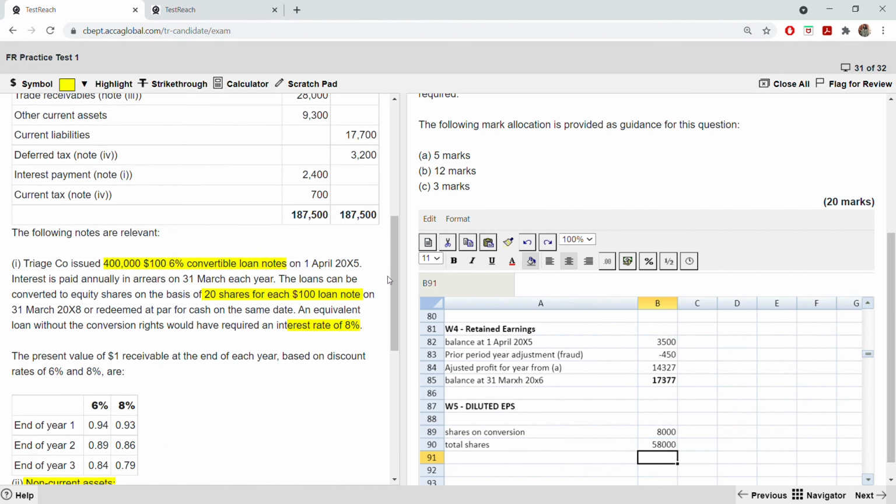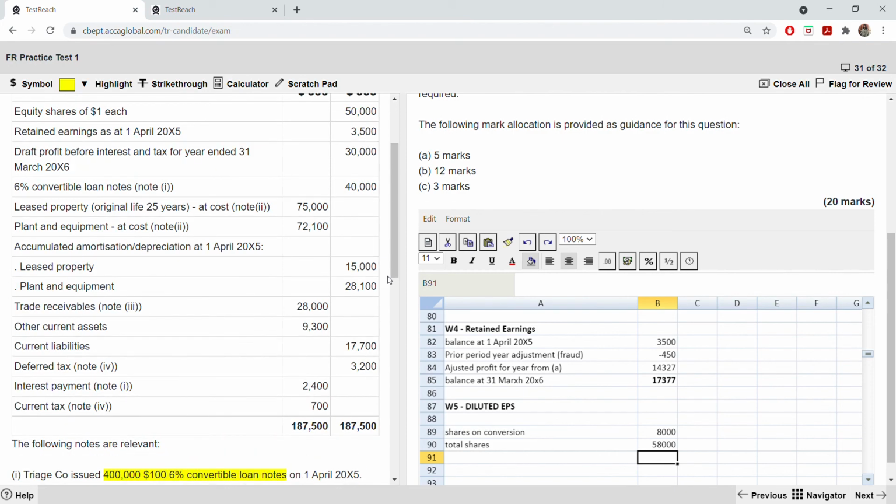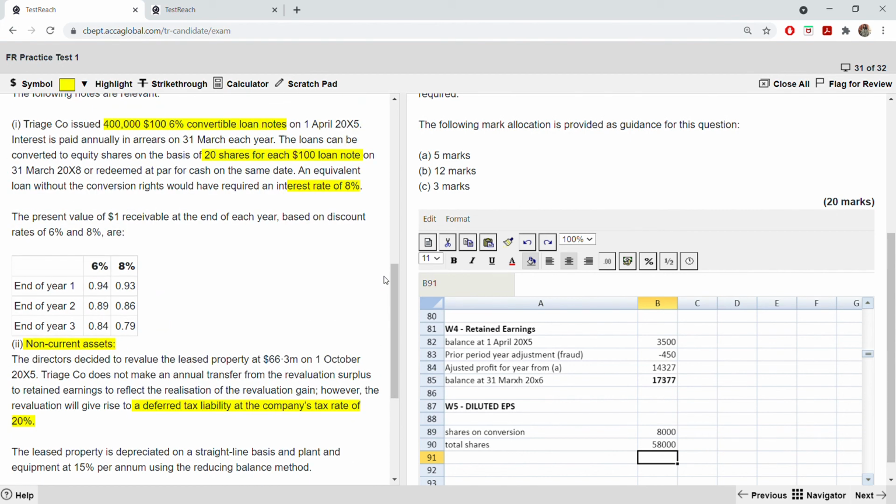Okay, we'll work out the 58 million shares later, but first of all let us solve this and get the EPS based on this.